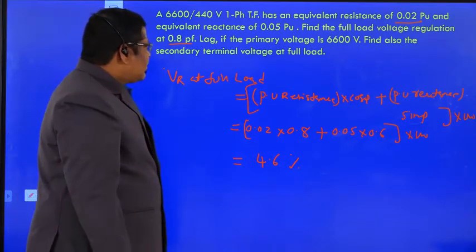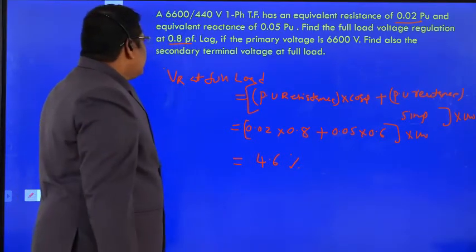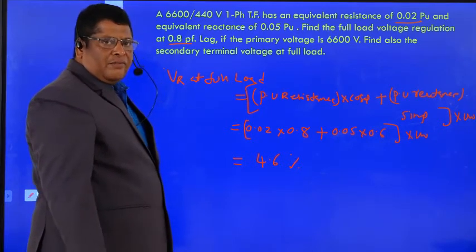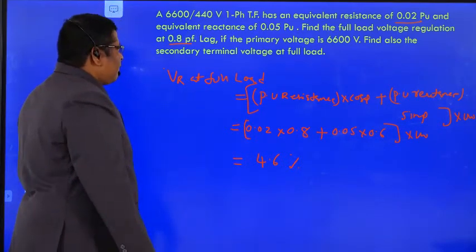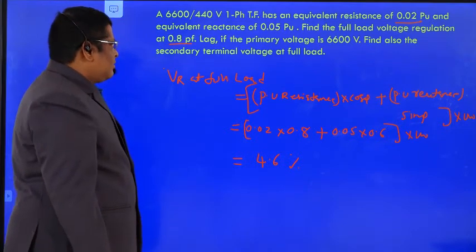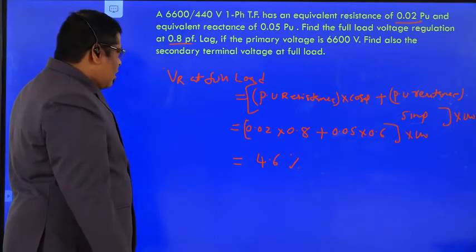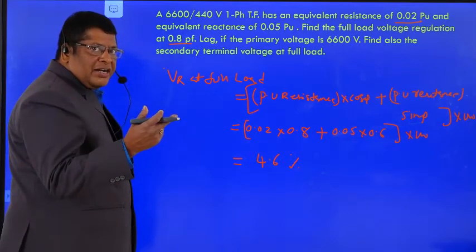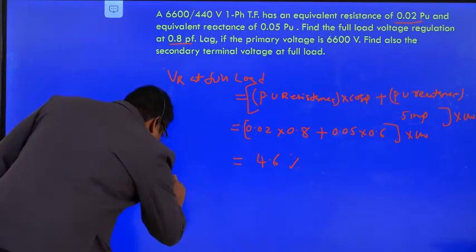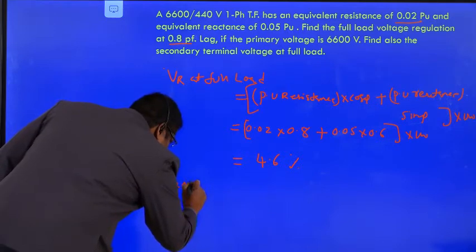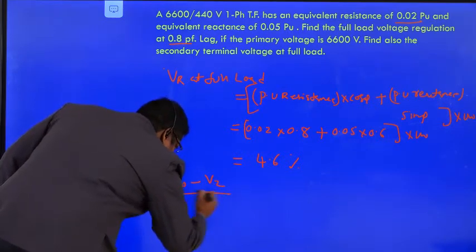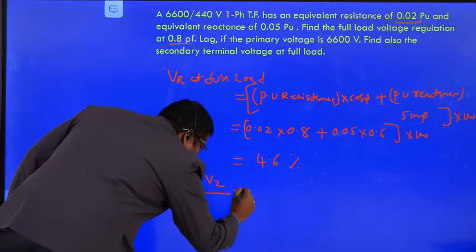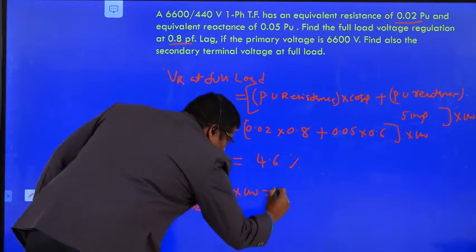Now the second parameter, also find the secondary terminal voltage at full load. See here, for the secondary terminal voltage, we already know the voltage regulation formula in terms of secondary voltage and terminal voltage of the secondary, that is (E2 naught minus V2) divided by E2 naught into 100, equal to 4.6%.